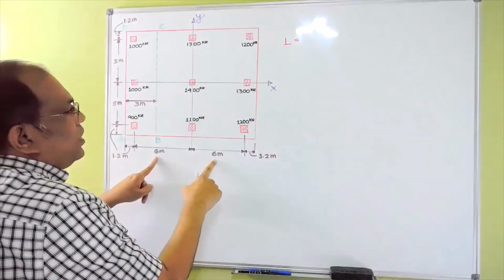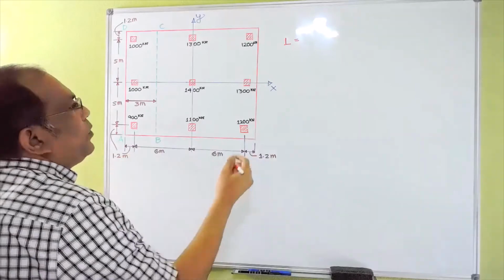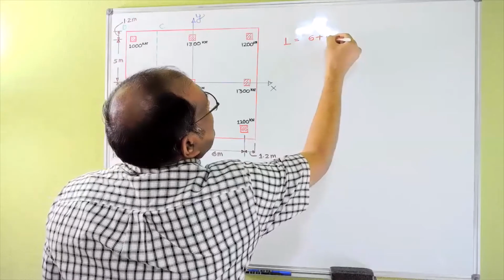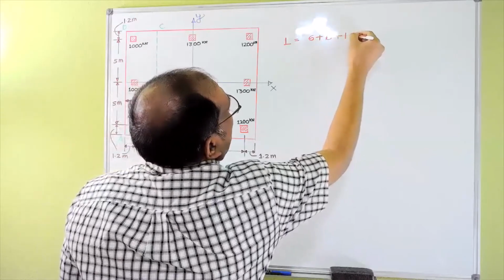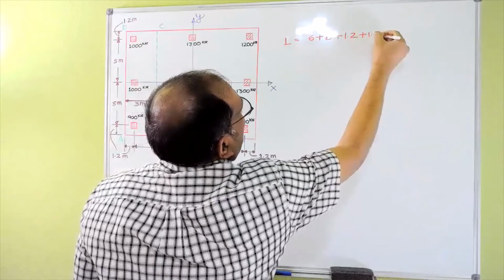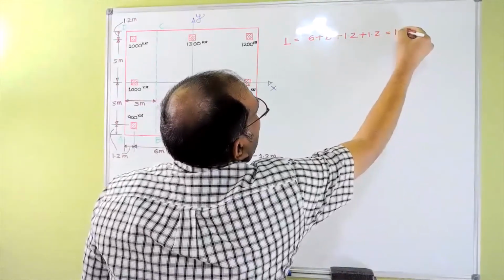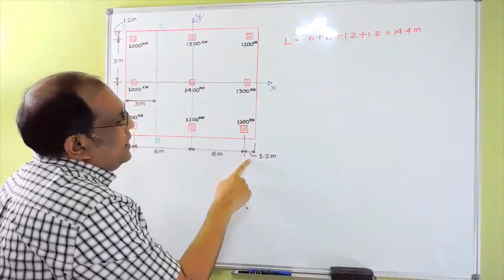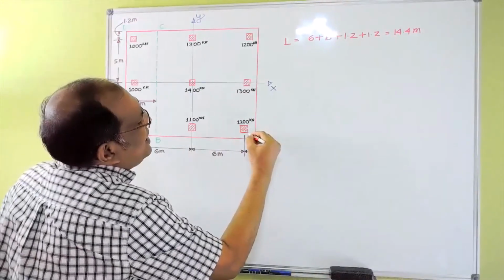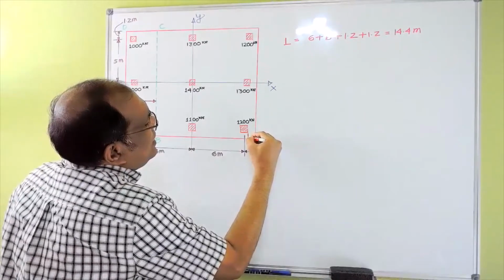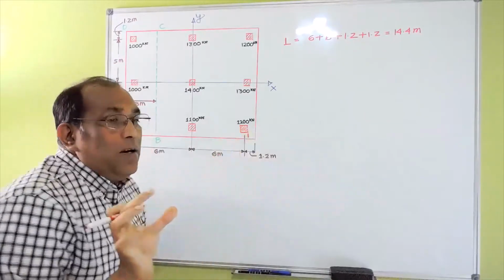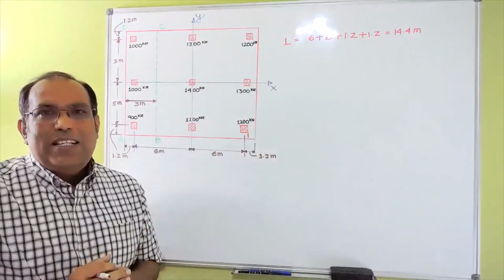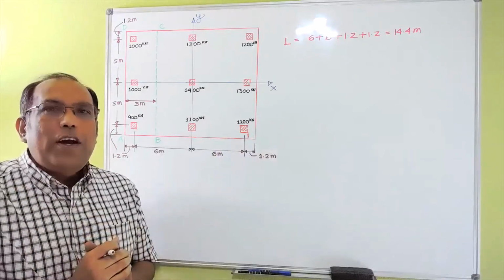So your L would be 6 plus 6 plus 1.2 plus 1.2. So total is 14.4 meter. So this one is 1.2. If you see here, the size of the column is 80 centimeter, meaning 0.8 meter. So half of that is 0.4.